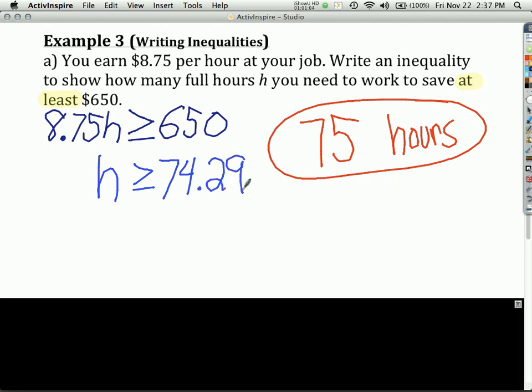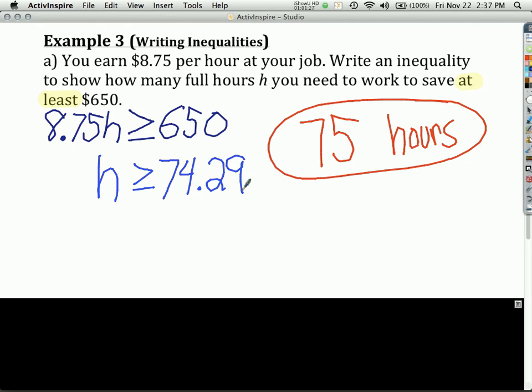74.2, approximately 9. But when you get your first job, which is actually only a couple of years from now for most of you, you don't work partial hours. I mean, you might work a half hour, but they pay you in terms of full hours. Okay, so you would need to work 75 full hours to make the 650 or more.